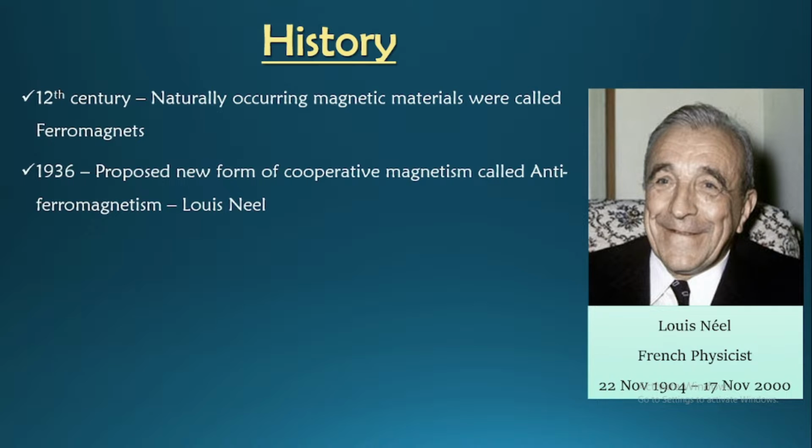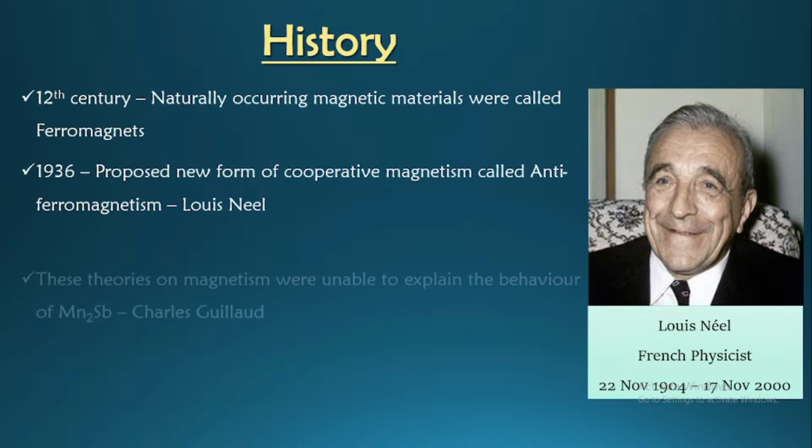So this was the new concept proposed in 1936 by Louis Néel, who was a French physicist. As such, now there were two concepts. One is ferromagnetism, another one was antiferromagnetism.